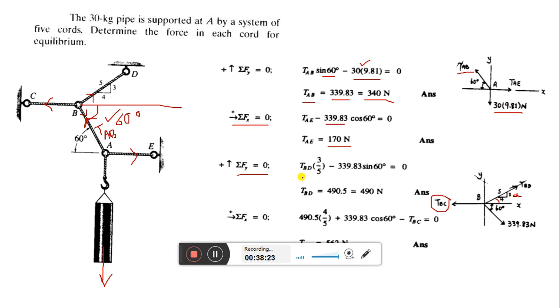So TBD into 3 by 5, right? And in the negative direction, 339.83 into sine 60 degrees. So you can solve this equation and get the value of TBD. It will be 490.5 or approximately 490.